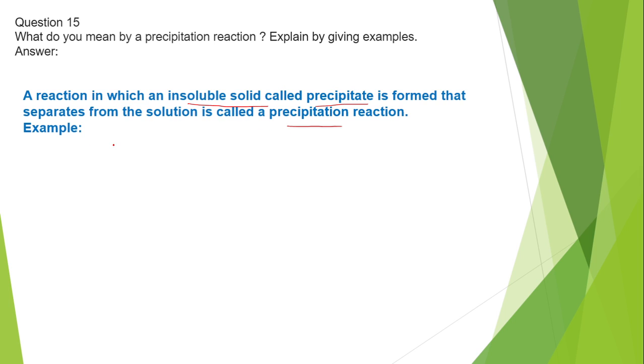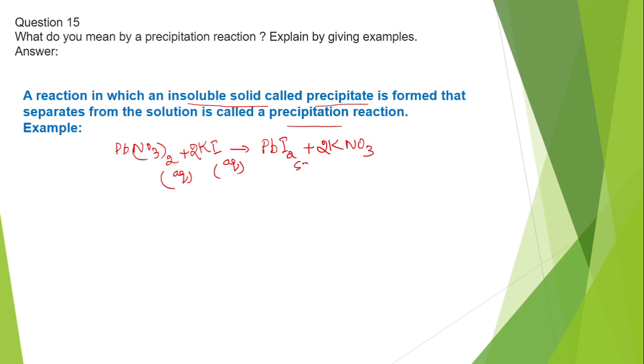The example we can write: lead nitrate combines with a solution of potassium iodide to form lead iodide plus potassium nitrate. Let us balance that. So 2 KI you need to write, all are aqueous here.